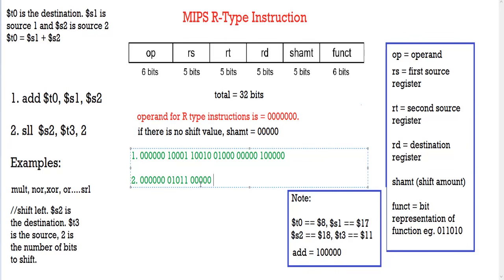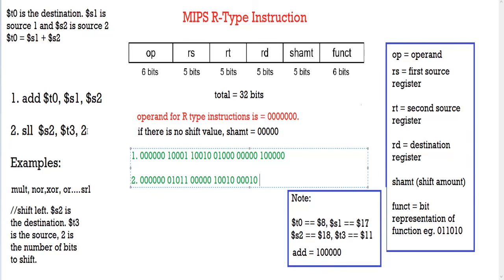Okay, next we have the destination register, which is S2. So that's 18, 1 0 0 1 0. Now for our shift amount, the shift amount is 2, represented as 1 0. And finally our function bits for SLL.